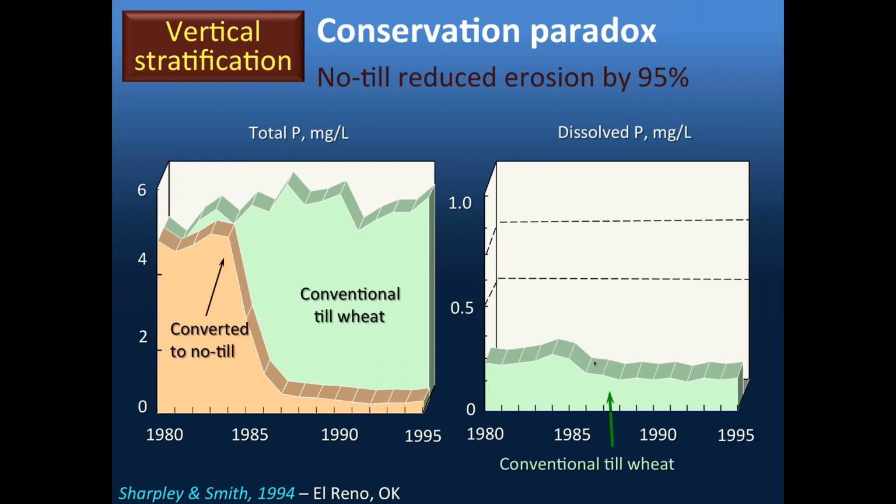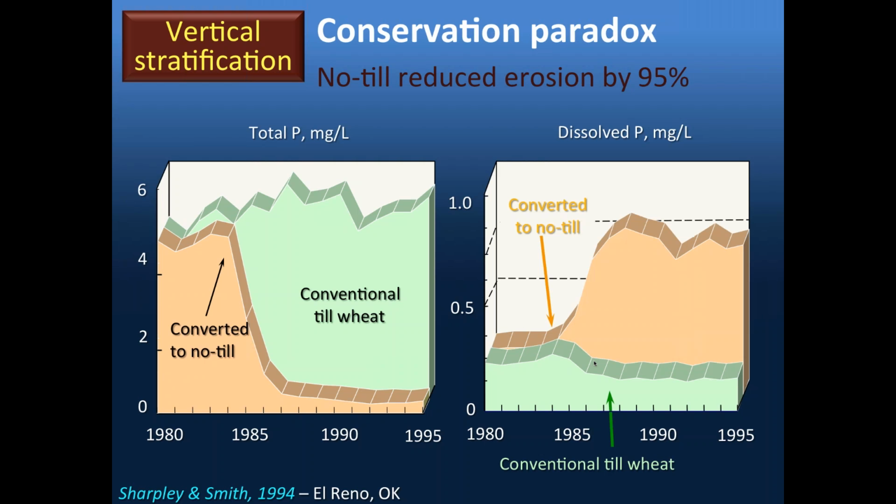This is what Mark was talking about, the historical gains in Western Lake Erie with the original approach to dealing with Lake Erie eutrophication. And so the total concentrations of phosphorus in runoff dropped dramatically in association with that. And that's all because they prevented the sediment-bound phosphorus from leaving the field.